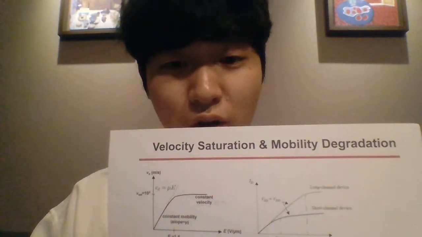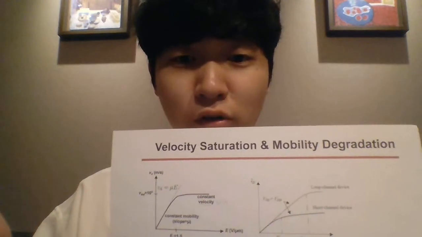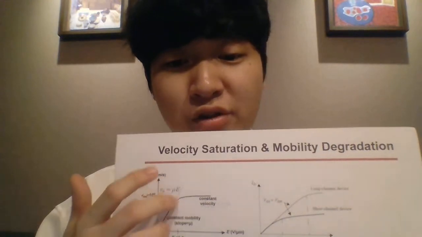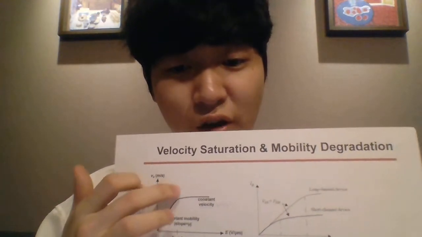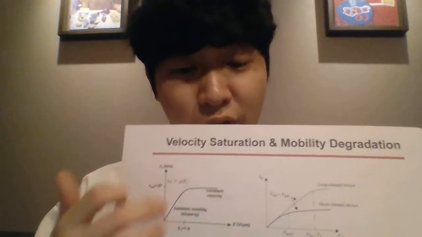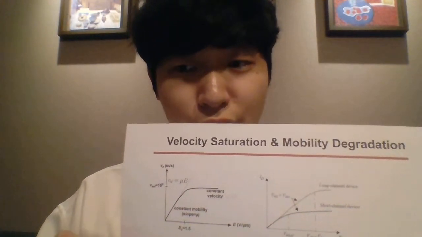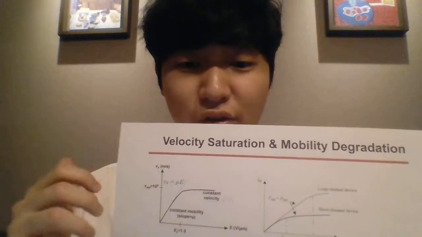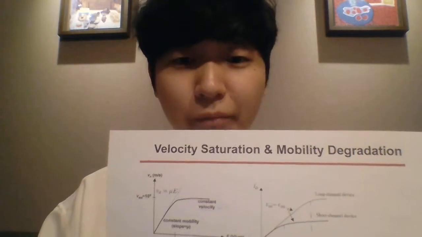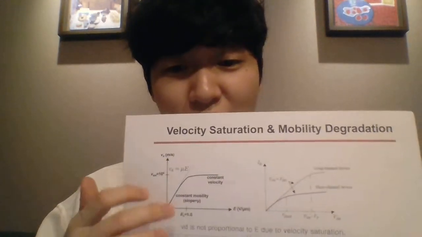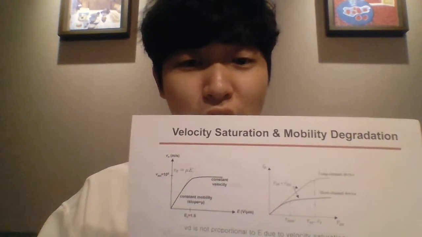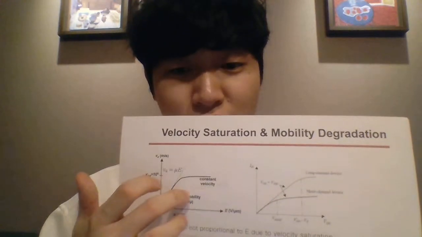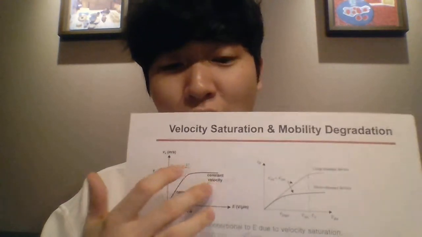The ideal rendition is that as we raise the voltage, the velocity of the carriers increases linearly. However, due to the electric fields and the lattice, no matter how we raise the voltage, the velocity becomes constant, as shown in this bold line graph.